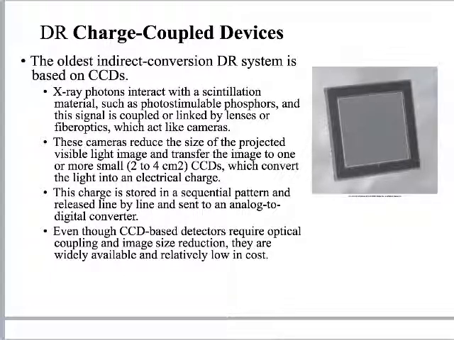It reads it out similar to the way a CR system has to be read out. They're not as efficient as the other DR systems, and they've largely been phased out. But just know that if you see charge couple devices, don't be scared. Just know that is one of the earliest forms of digital radiography. It uses an indirect process.